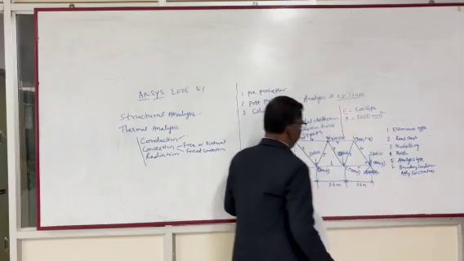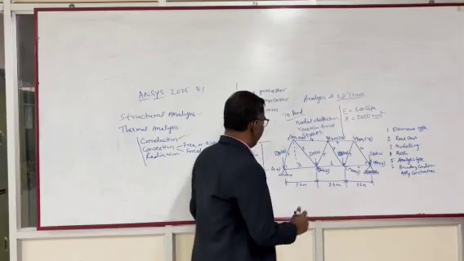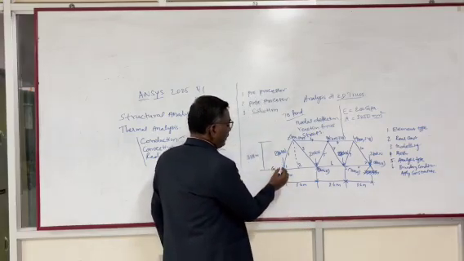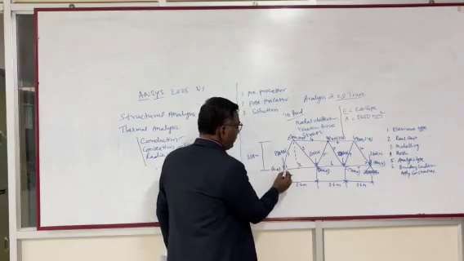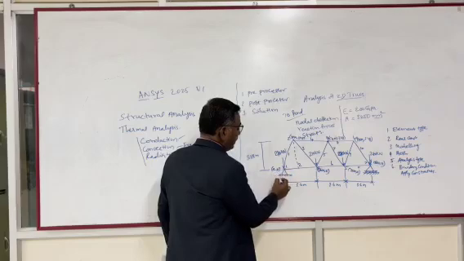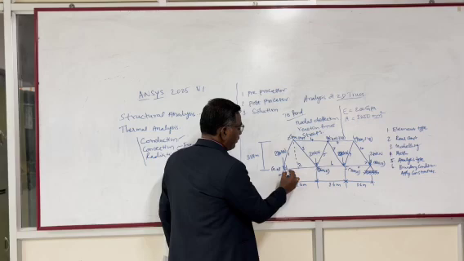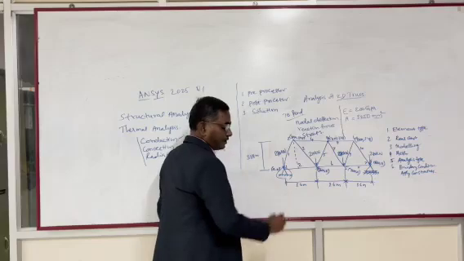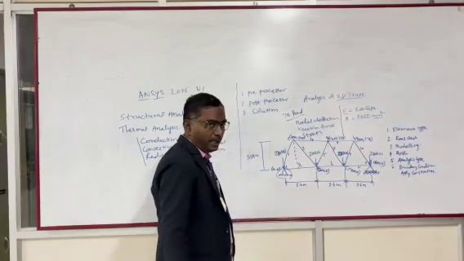Boundary condition. Boundary condition means, so the first key point, you can look at the first key point. It is a fixed support. Here we are using the fixed support.